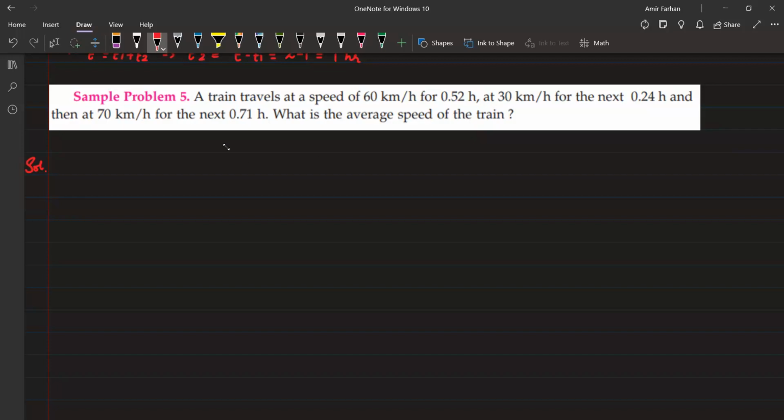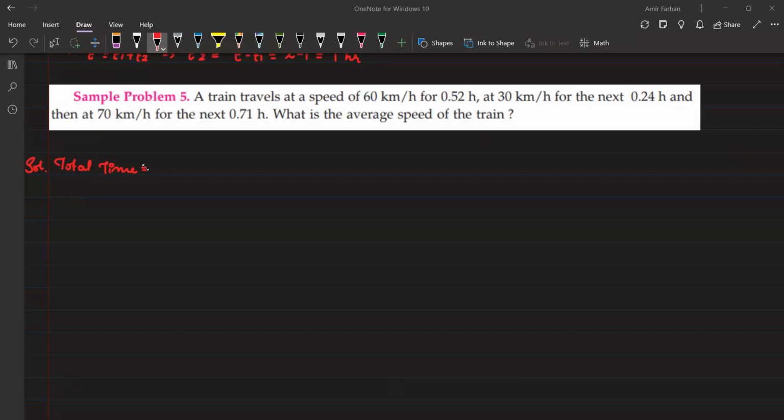First of all, the total time: the train travels at the speed of this for 0.52 hours, then 30 kilometers per hour for the next 0.24 hours, and then at 70 for 0.71 hours. So the total time will be T1 plus T2 plus T3. Yes or no? Is this clear?